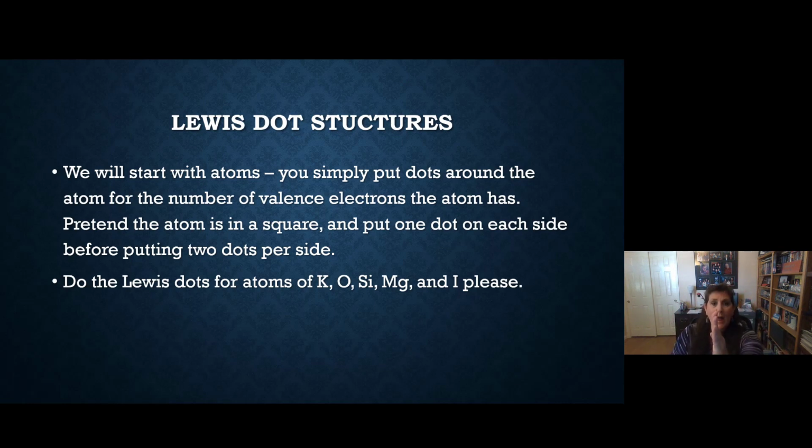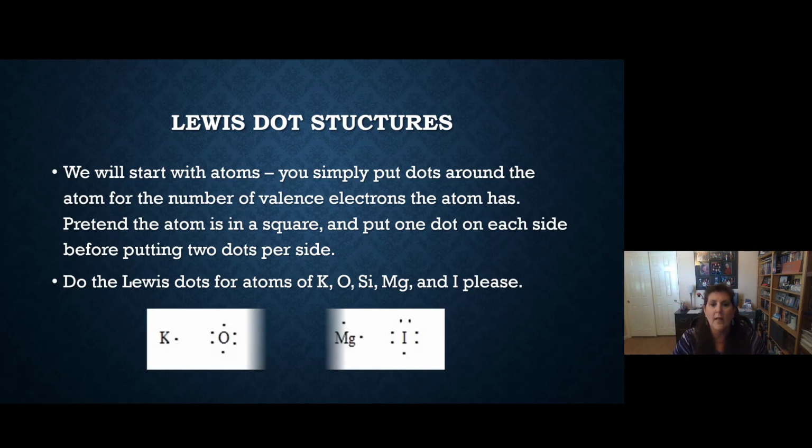So again, we have I. We're going to have 1 on each side before we double up. So it's going to look like this when you put it all together. There's your K with 1 valence electron, O with 6, silicon with 4, magnesium with 2, and iodine with 7.